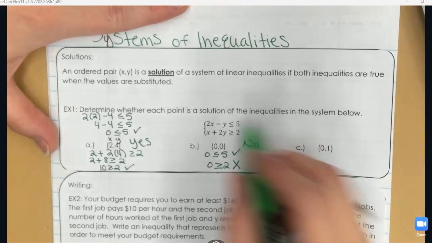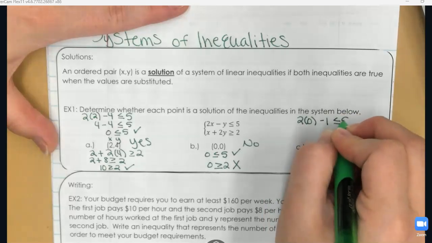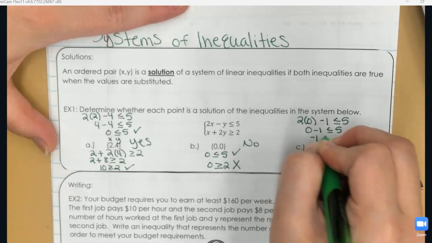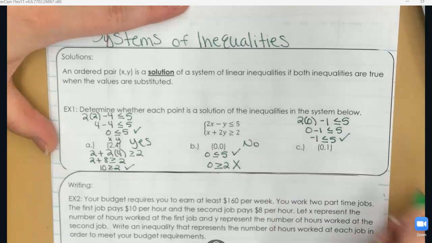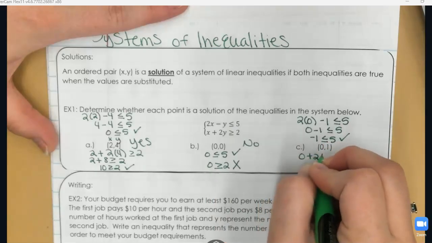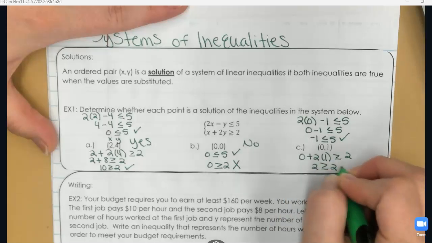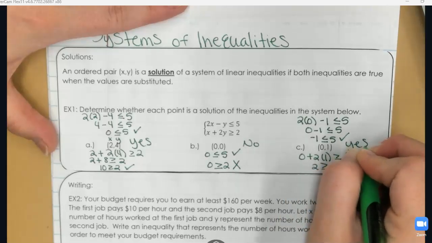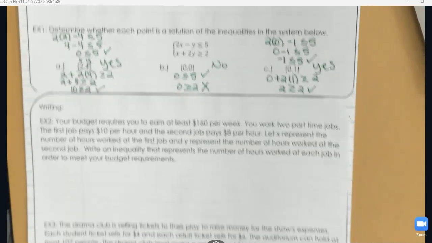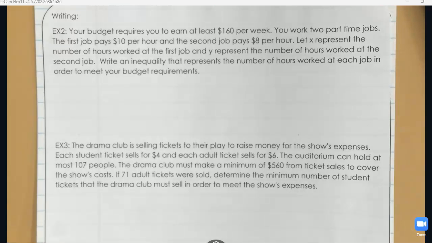On the last one, 0 and 1, if I plug that into my first one, I end up with 0 minus 1, and negative 1 is less than or equal to 5. If I plug it into the second inequality, I end up with 2, and that is greater than or equal to 2, so that one is also a solution.